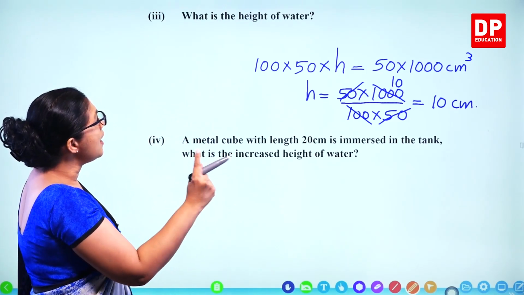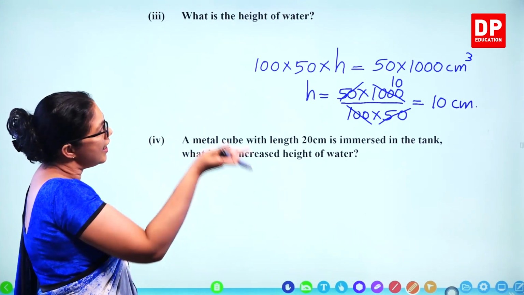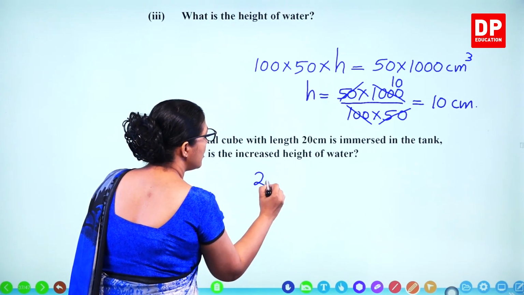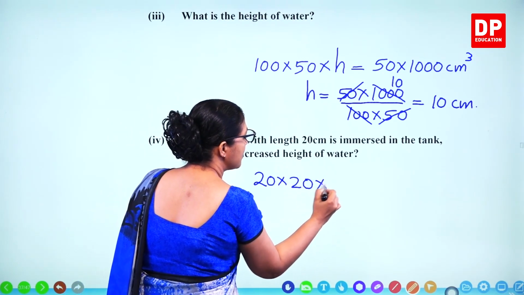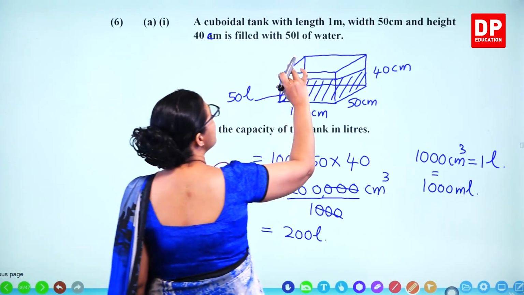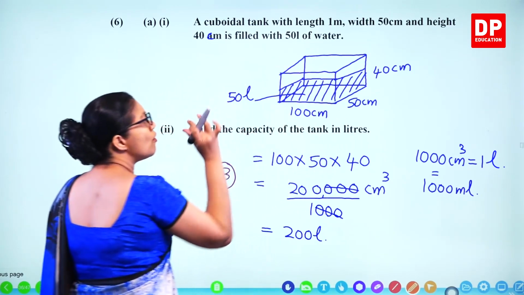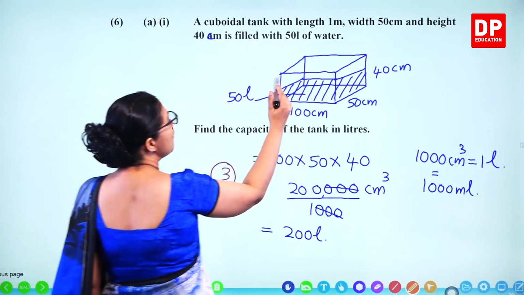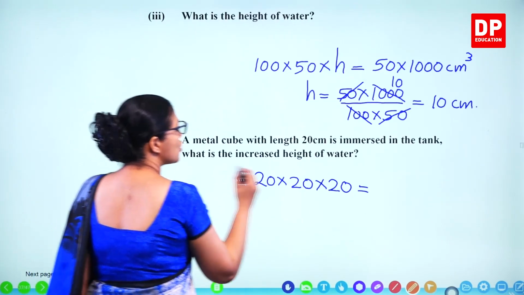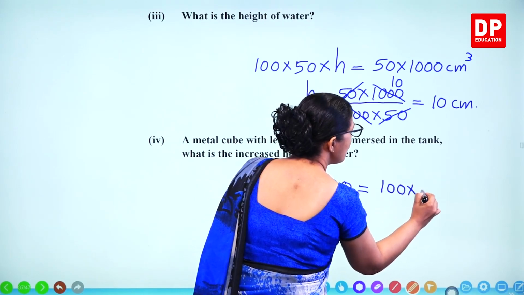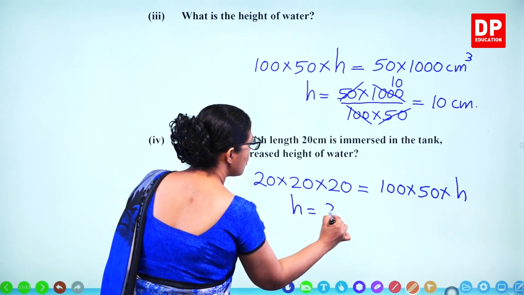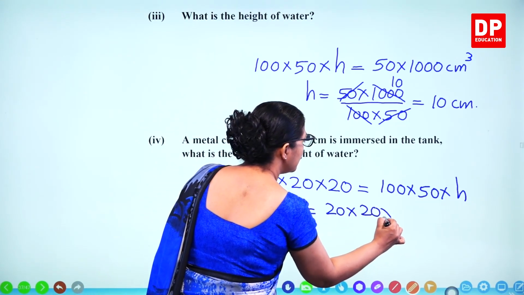Same base area but the height changes. So we can say the volume of the cube, 20 into 20 into 20, is the same as the increased volume of the water. If H is the increase, 100 into 50 into H. So what's H? 20, 20, 20.